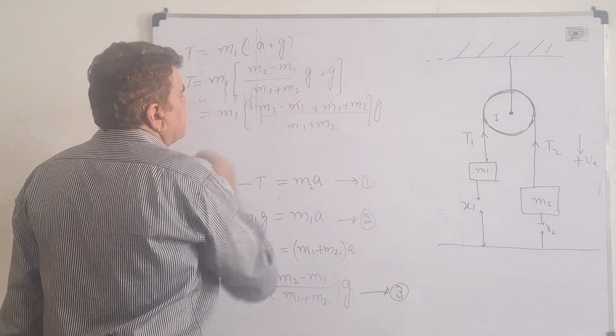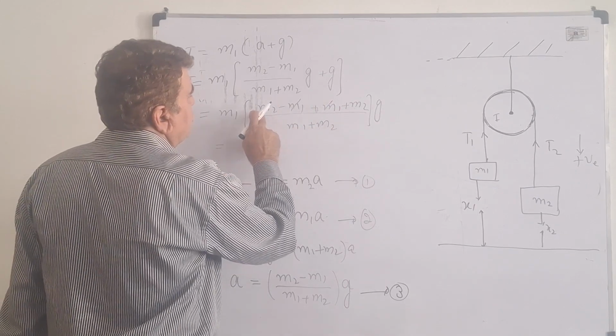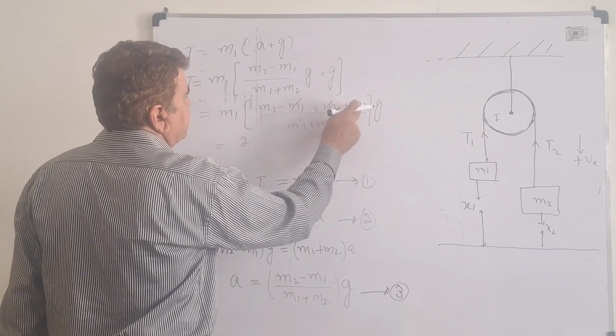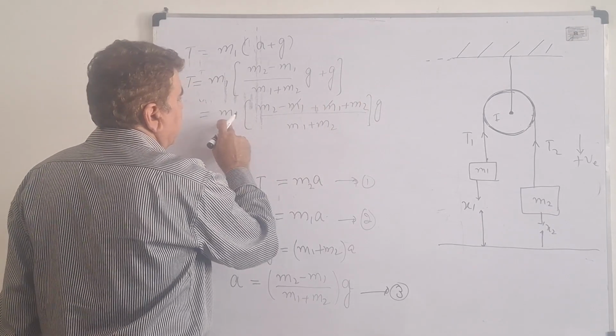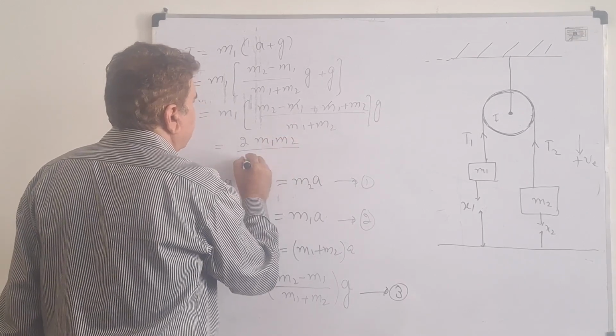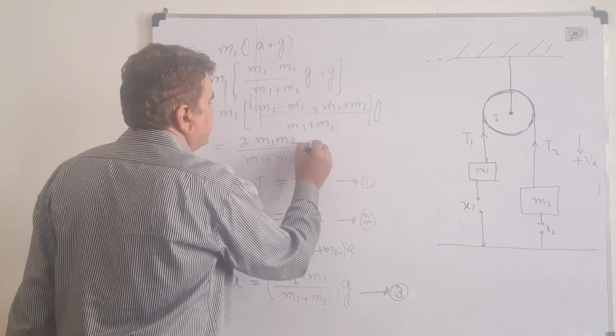This goes with this, allowing me to write this as 2 times M2 M1, because M2 plus M2 is 2, so 2 M1 M2 divided by M1 plus M2 times G.